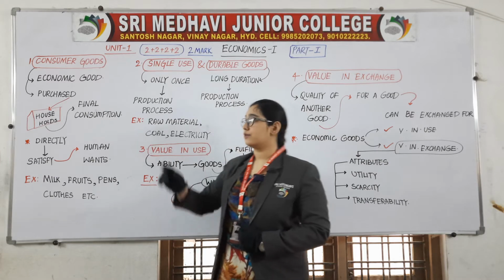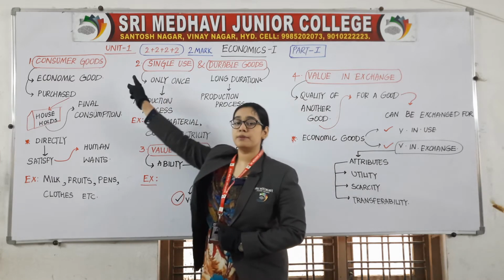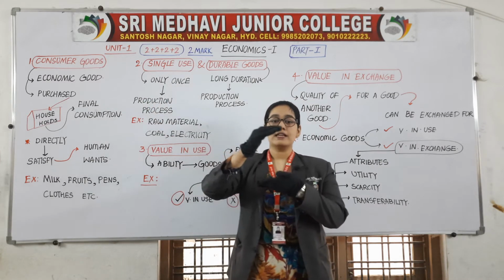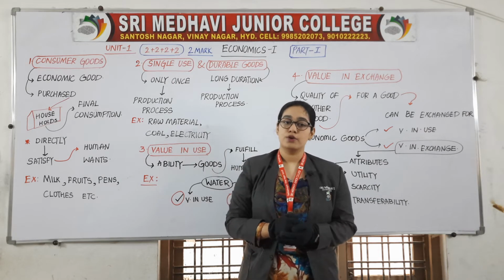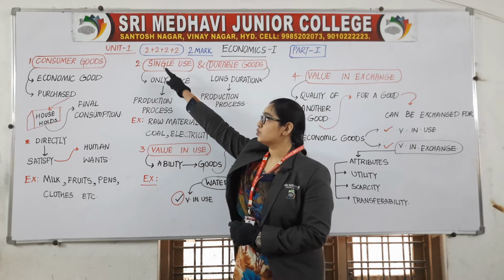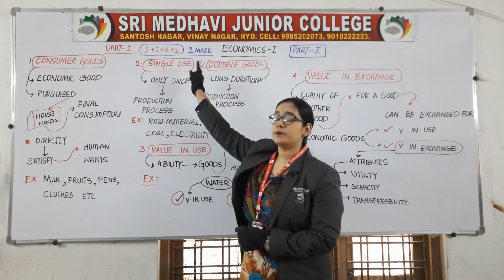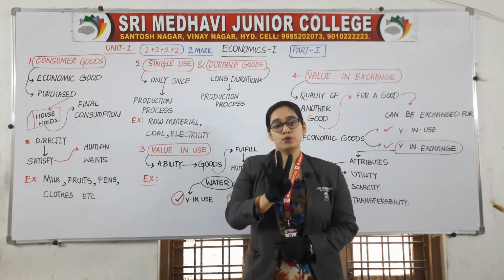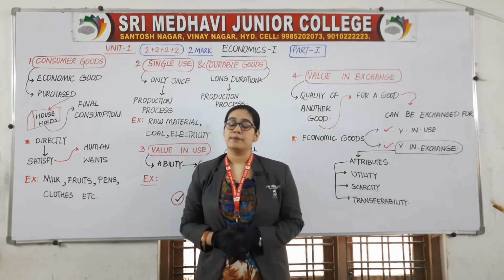So today we need to start with unit number 1, 2 marks, and in your Board of Intermediate Public Examination paper, you are going to get 2 plus 2 plus 2 plus 2, that is 4 2 marks questions from our unit number 1.